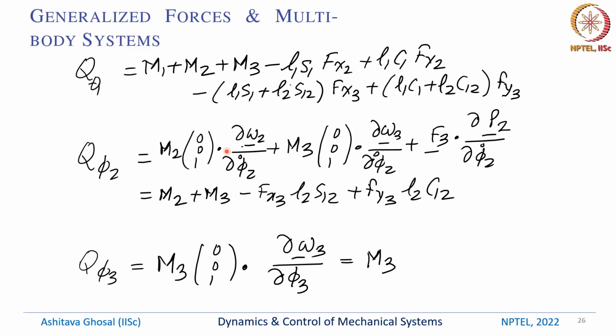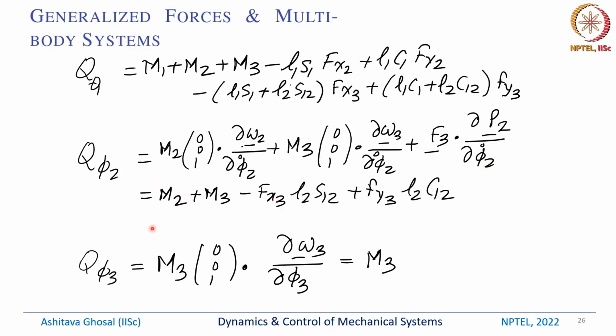Q of phi 2 will now contain only M2. M1 will not be there because omega 1 is not a function of phi 2. Omega 1 is only theta 1 dot. So M2 dot partial of omega 2 with respect to phi 2 dot, and M3 dot partial of omega 3 with respect to phi 2 dot, and F3 dot partial of P2 with respect to phi 2, and hence we will get all these terms.